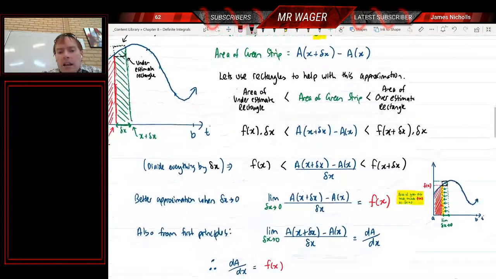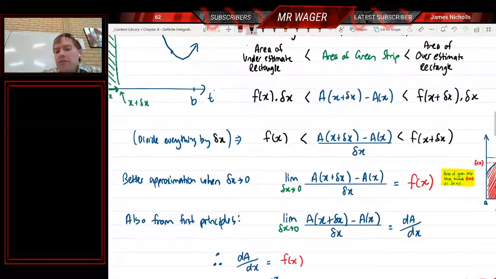So we understand from derivatives, differentiation, that this thing here is like from first principles. The limit as h approaches 0 of f of x plus h minus f of x over h. So this thing here is exactly like differentiation.